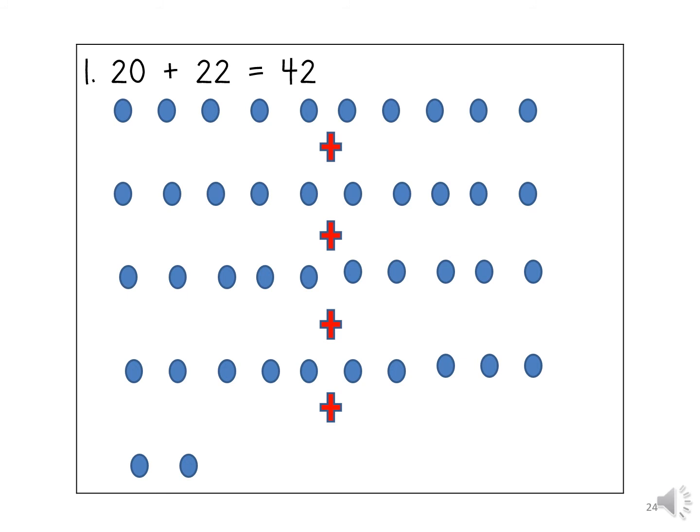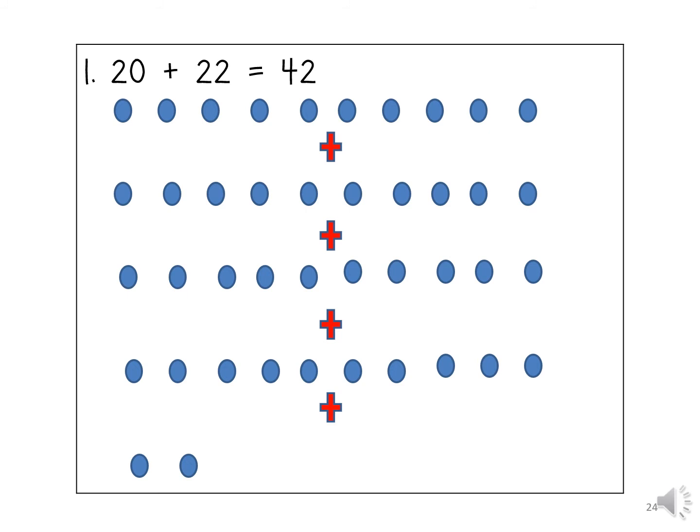So now let's get our 2 tens for 20. Let's count. 1, 2, 3, 4, 5, 6, 7, 8, 9, 10. Plus 1, 2, 3, 4, 5, 6, 7, 8, 9, 10. So I have my 2 tens in 20.